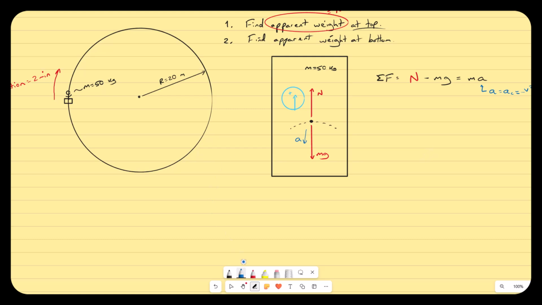It points in the negative direction. So what I have: normal force equals mg plus negative m v squared over r, or if you like, m times g minus v squared over r. Almost there.